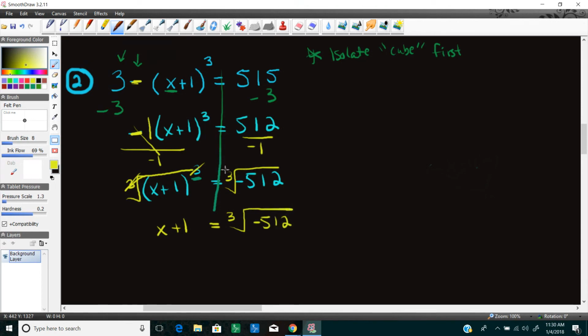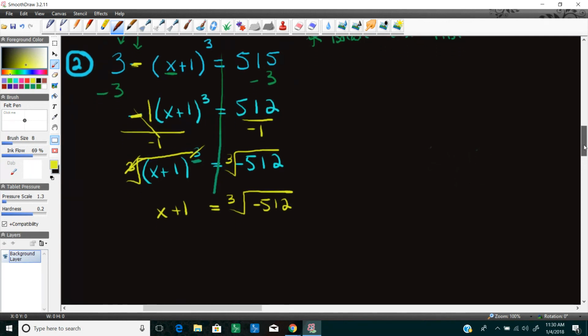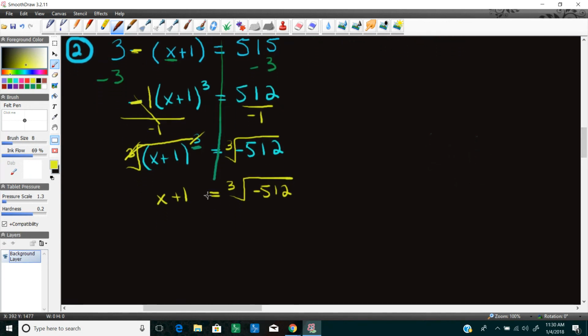So this one's kind of a hard one to do in your head. I'm going to go ahead and give it to you in class. I will let you use the calculator just for this part. You would just do negative 512 and then the cube root. Okay, so the cube root of this number is actually going to be negative 8.